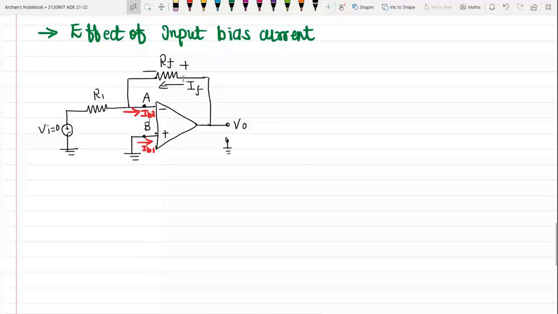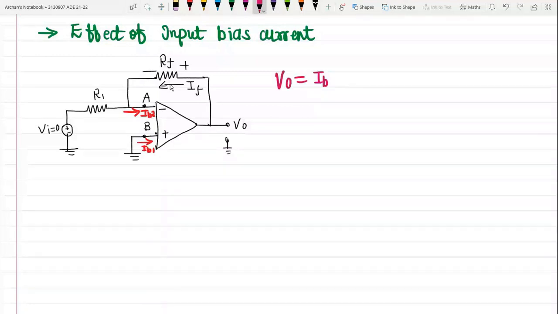So this bias current IB2 will produce a drop across this feedback resistance RF, which is nothing but the output voltage V0, because you can see it is directly connected to the output voltage. This is because the left side of RF is at ground potential, and hence practically instead of 0 volt we will get some voltage, V0 equal to IB2 times RF.